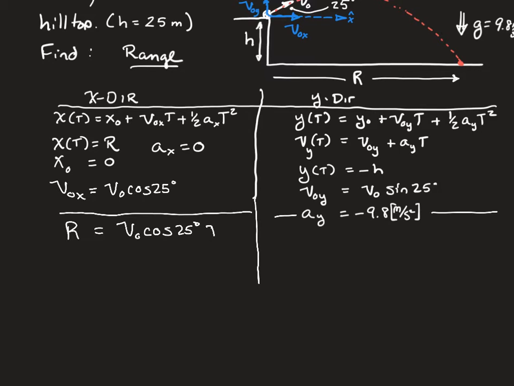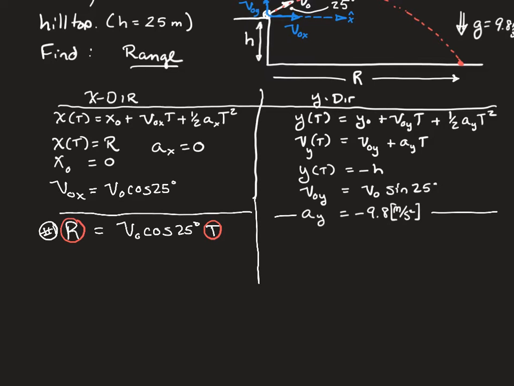Times time. And there's nothing in the a direction. I'm going to call that number 1. And I'm going to highlight those two variables I don't know. So there's an equation with two unknowns in it, and I only have one equation so far, so I know I'll need at least one more equation.